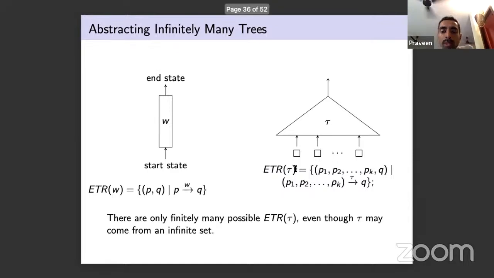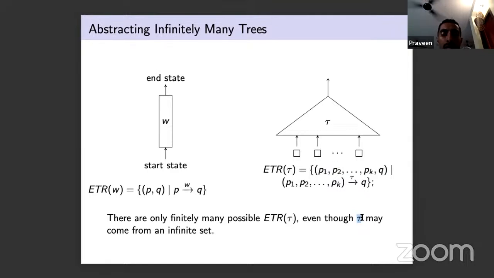Okay, so once we do this, since we are working with finite state automata, it's very easy to conclude that there are only finitely many possible extended transition relations. Because after all, they are just k plus 1 tuples of elements from a finite set, so there are only finitely many possibilities of this extended transition relation, even though the context tau itself might come from an infinite set.